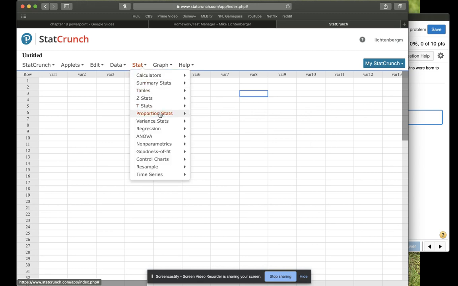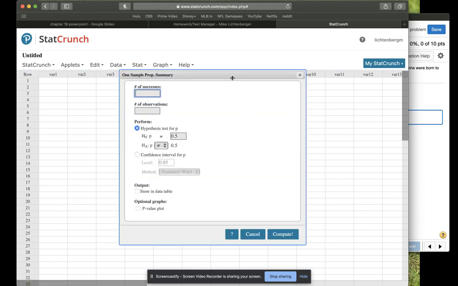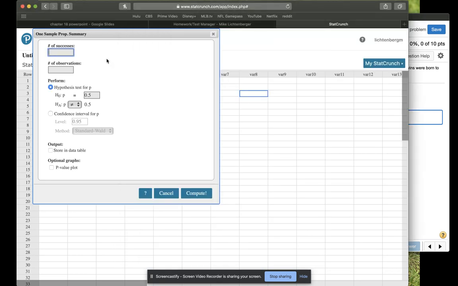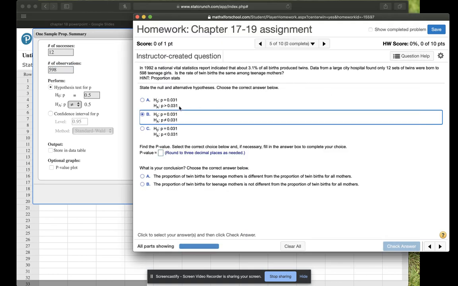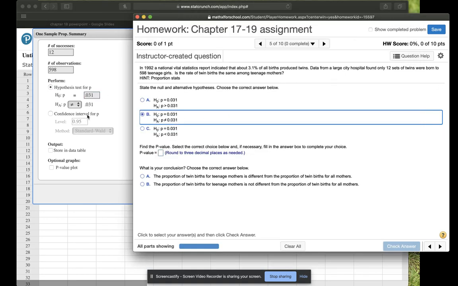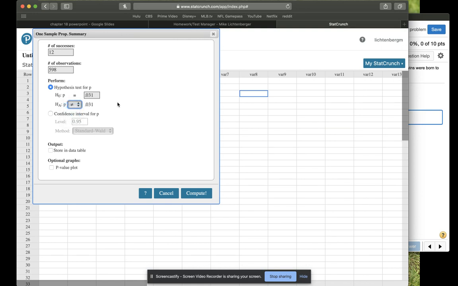It was 12 out of 598. Our percentage is 3.1%, so 0.031 is the decimal. And we had already said that we were going to choose not equals here.